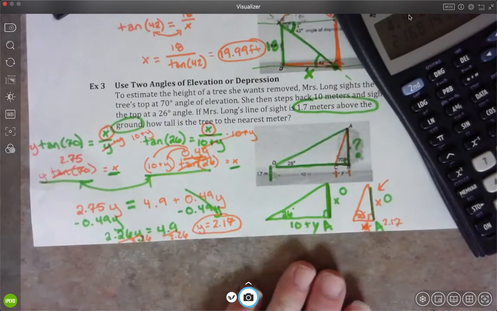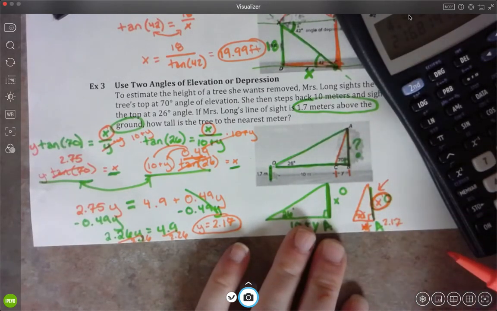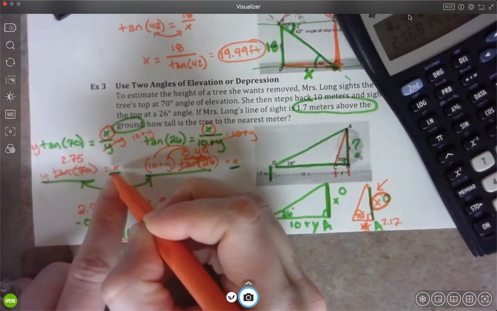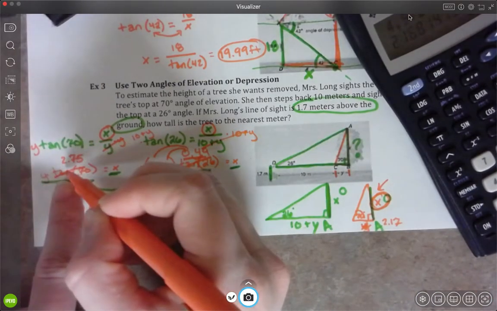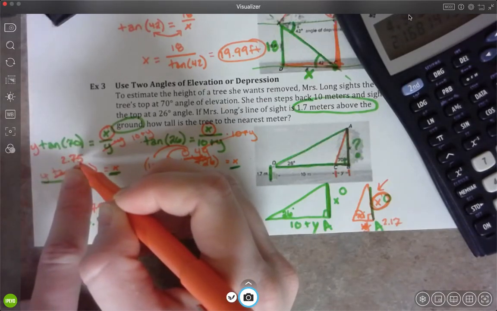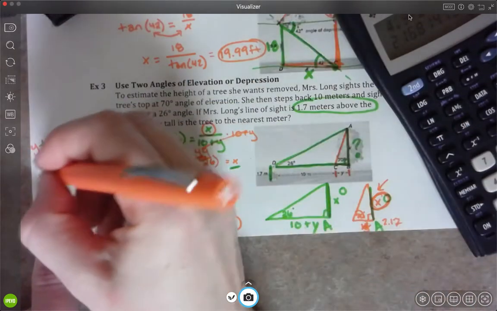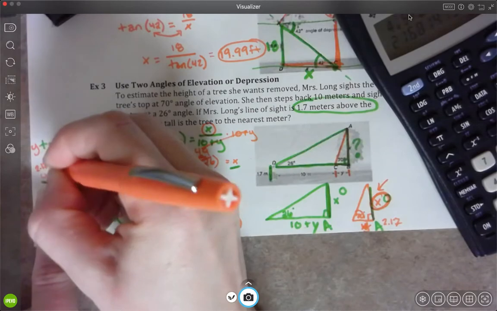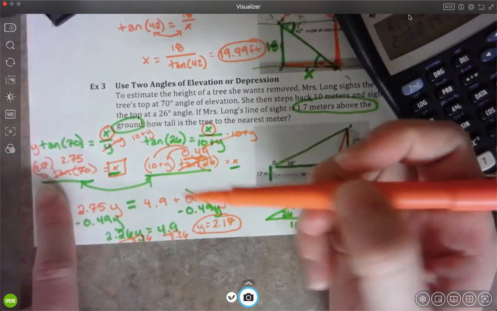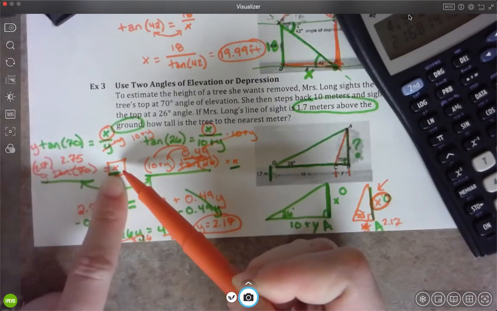Now, if I want to solve for x, I know that x is going to be equal to y times tangent of 70, or y times 2.75, right? If y is 2.17, I would just take 2.17 times 2.75, and that will give me x, because that's what I have written out here.